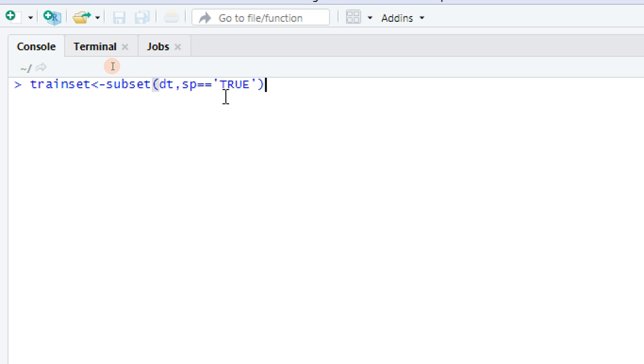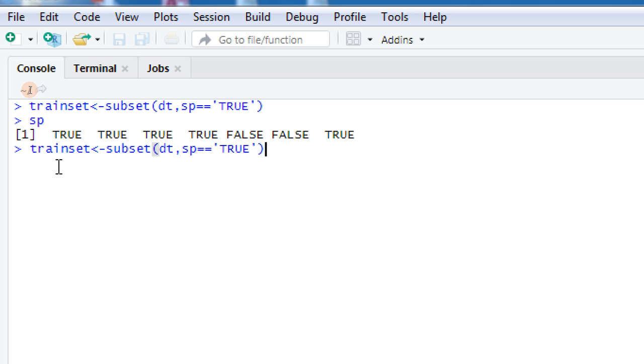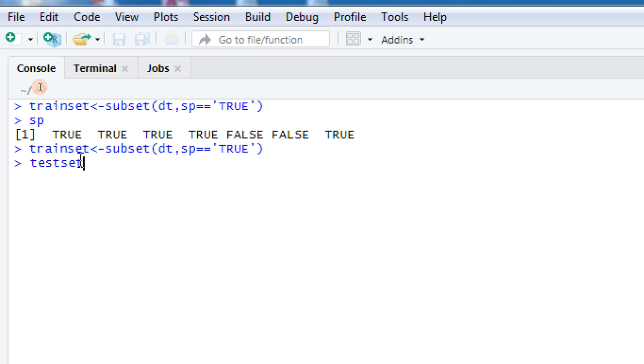That means in SP we have trues and falses, right? SP contains 80% trues, so that 80% of the data will be subsetted and assigned to the train set. Now I will take another set, the test set, the remaining 20% of the data: DT comma SP is equal to false, right?